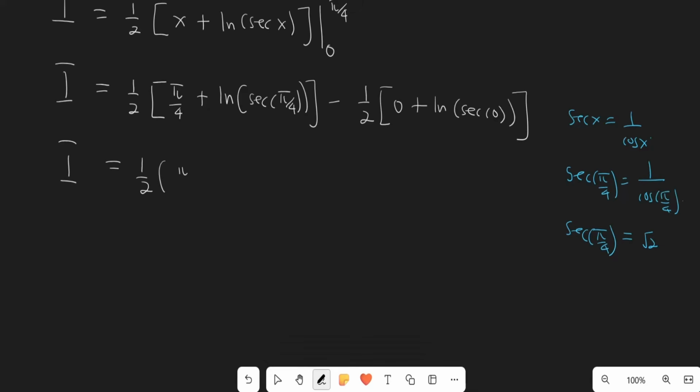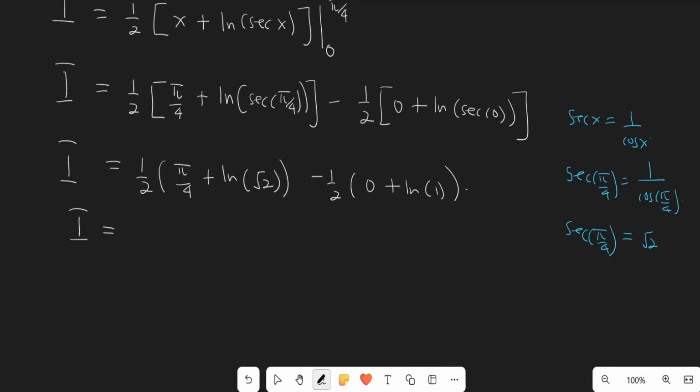So we have 1/2 pi over 4 plus the ln of secant of pi over 4, which is the square root of 2, like this, minus 1/2. This is 0 plus the ln of secant of 0 is 1, because 1 over the cosine of 0 is 1.